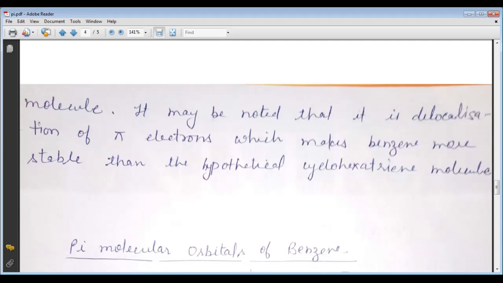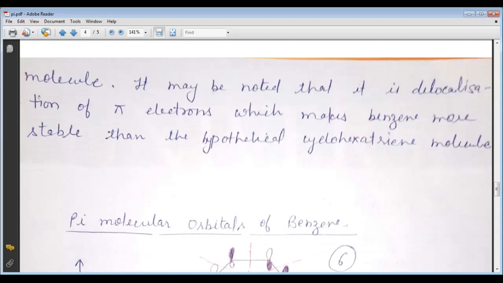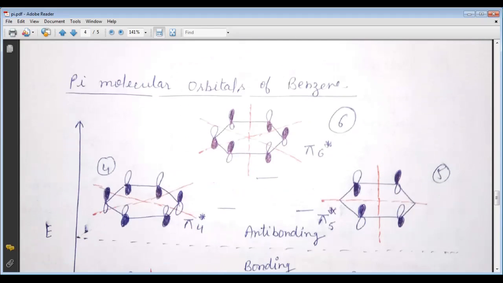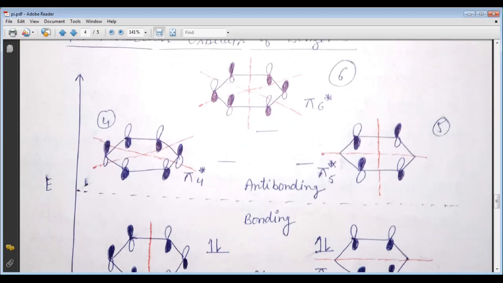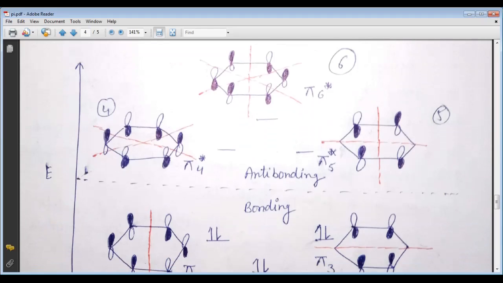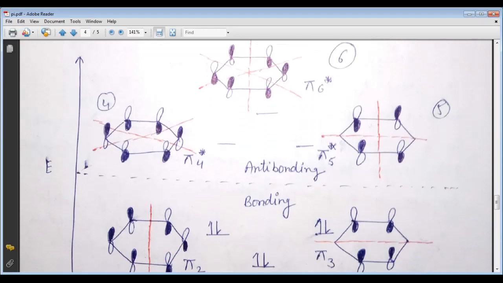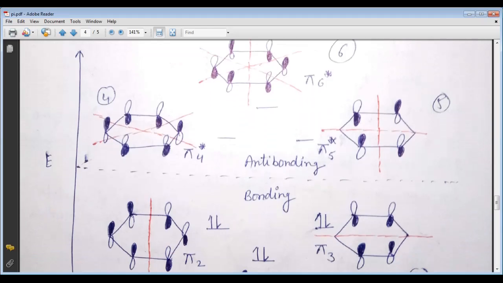But now that we are discussing the pi molecular orbitals of benzene, here we can arrange the structure of the pi molecular orbitals in benzene, according to the wave function.